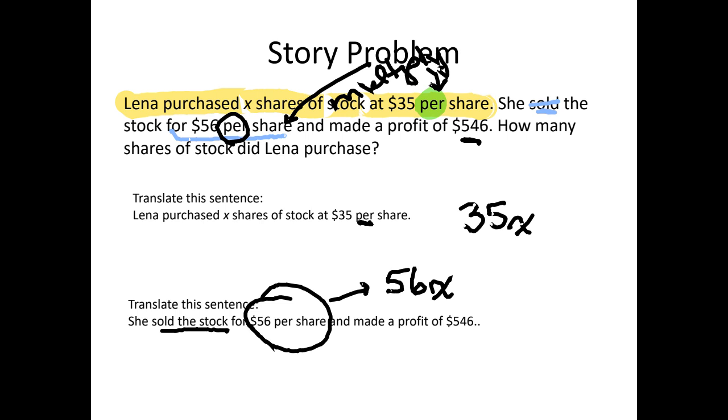In the stock market, you buy low, sell high, which means that in this problem, we are going to subtract what she paid for it from what she's getting because she's making a profit of $546.